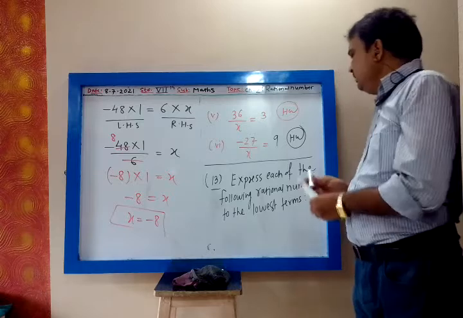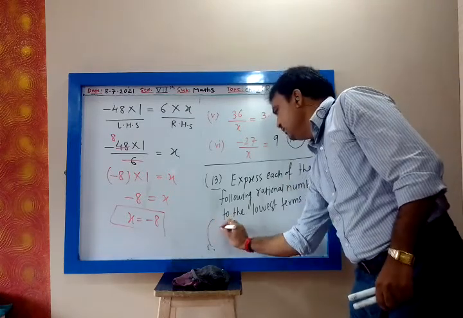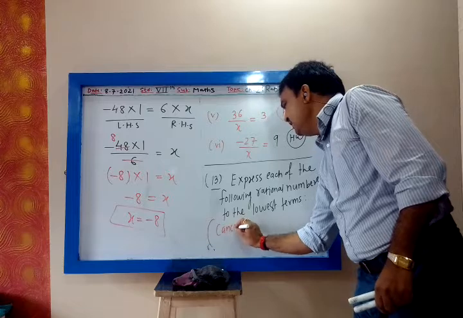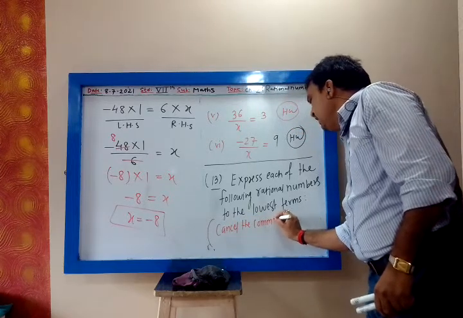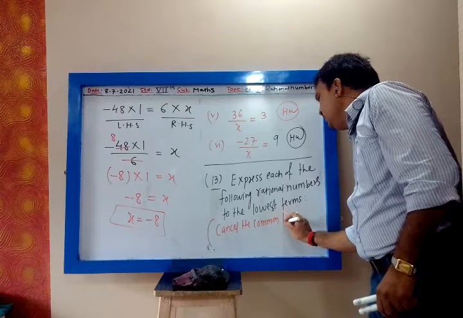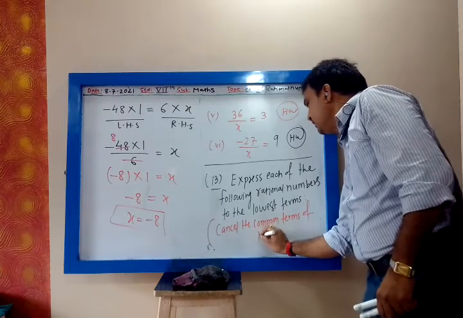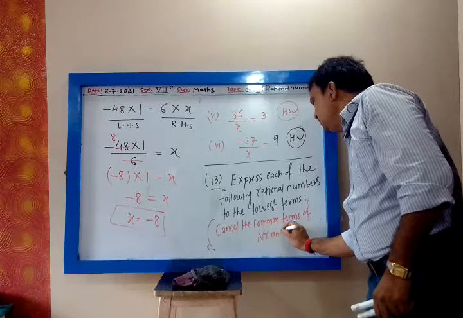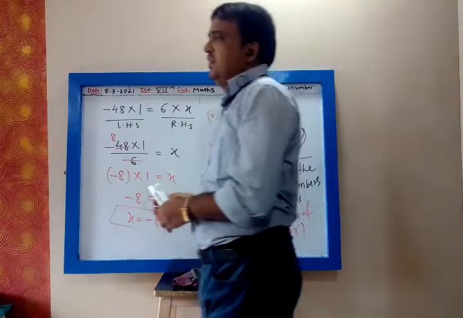Lowest terms means you have to cancel the common factors of numerator and denominator. What do you mean by this? Cancel the common terms of numerator and denominator. It means it is in the lowest form.